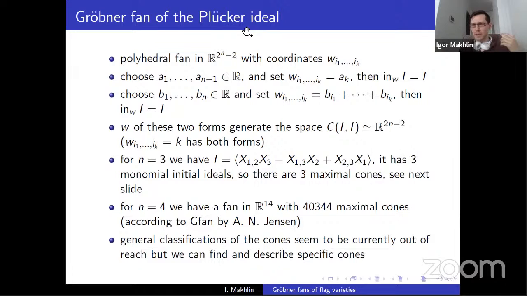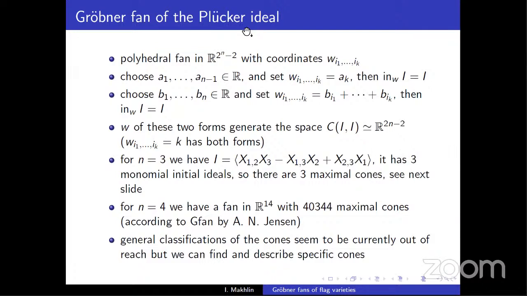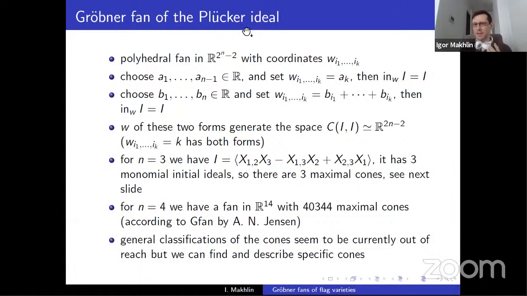You're asking about partial flag varieties like Grassmannians? Yes. There is no obvious way for a Grassmannian to be a flat degeneration of a complete flag variety, because generally speaking, they have different dimensions.